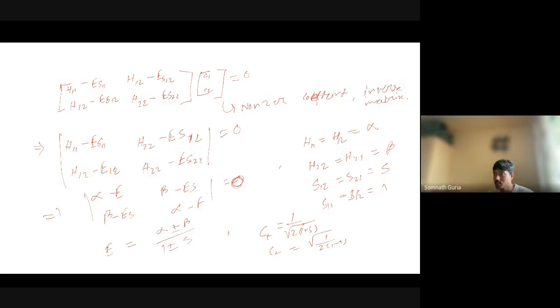So in that case, you can say psi plus equals 1 by root over 2 into 1 plus S, into chi 1 plus chi 2, and psi minus will be 1 by root over 2 into 1 minus S, into chi 1 minus chi 2.